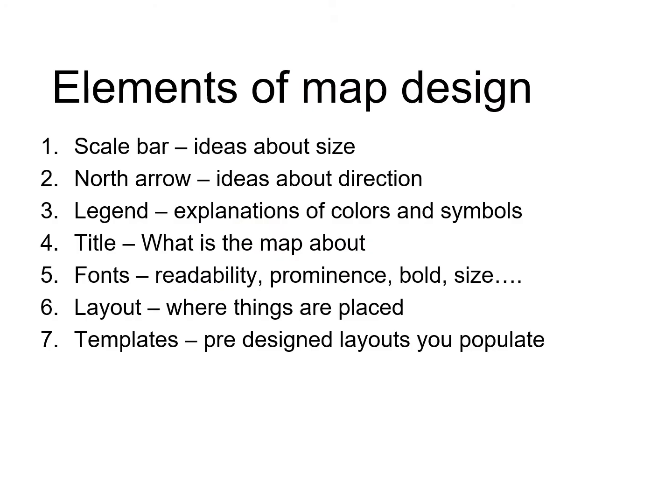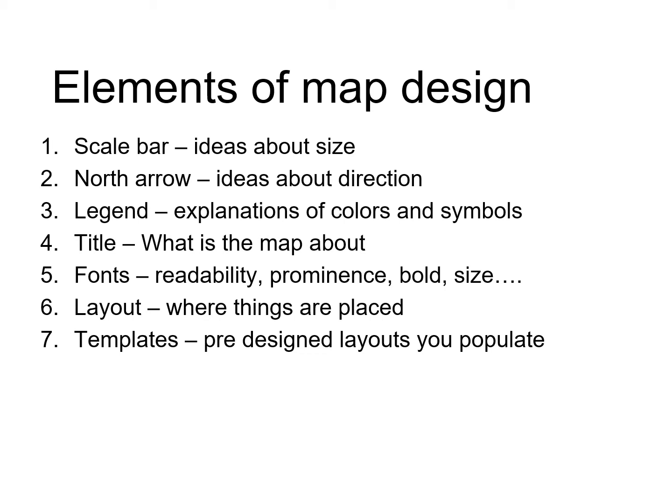When we look at maps and we talk about map design, there are certain elements of maps that are just basic stuff. Scale bar, and the reason we put scale bars in maps is because it gives you an idea of the size of things on the map. A north arrow to help explain direction. A legend to explain any colors or symbols that are on the map. A title so we know what the map is about.